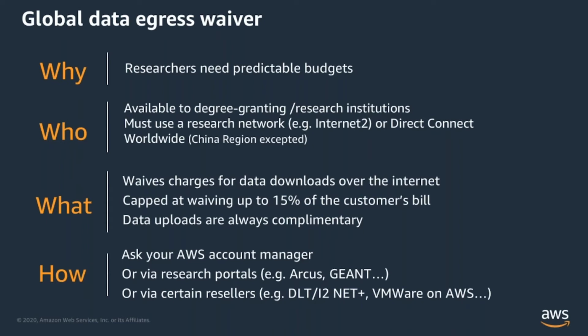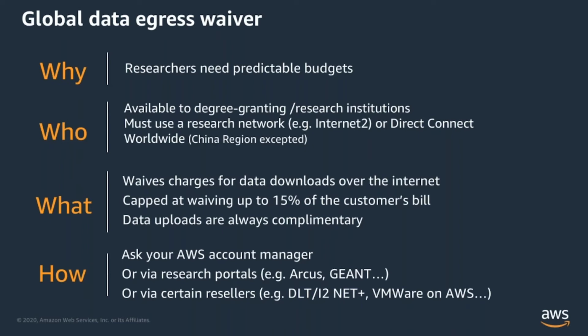But there are times where you might need to transfer data out of AWS. For example, let's say you want to download data that you've analyzed and share it with somebody on your campus. Right? This is where you download your data out of AWS. We want to enable and support this by waiving those data egress fees for qualified researchers and academic customers.